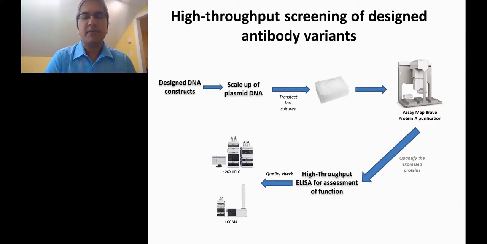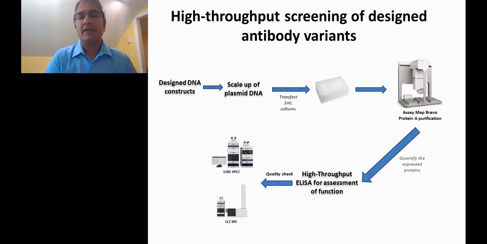Once you do the micropurification, you have very small amounts of these purified antibodies, which we can rapidly analyze for multiple attributes, including yield and expression, SEC for any aggregation, and doing all the quality checks, at least getting the intact mass and mass analysis with the LCMS to do sequence verification and things like that.